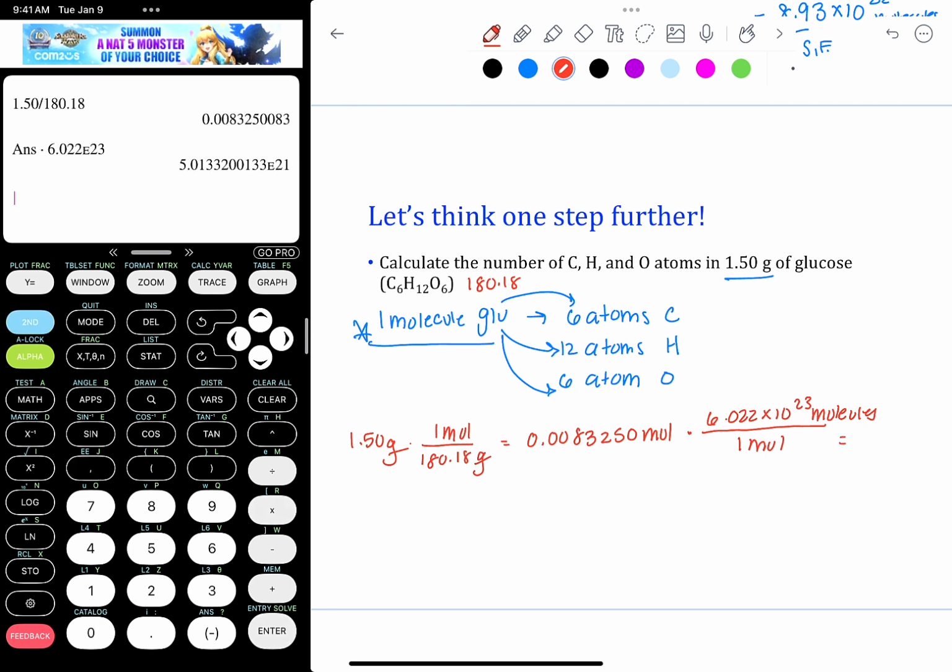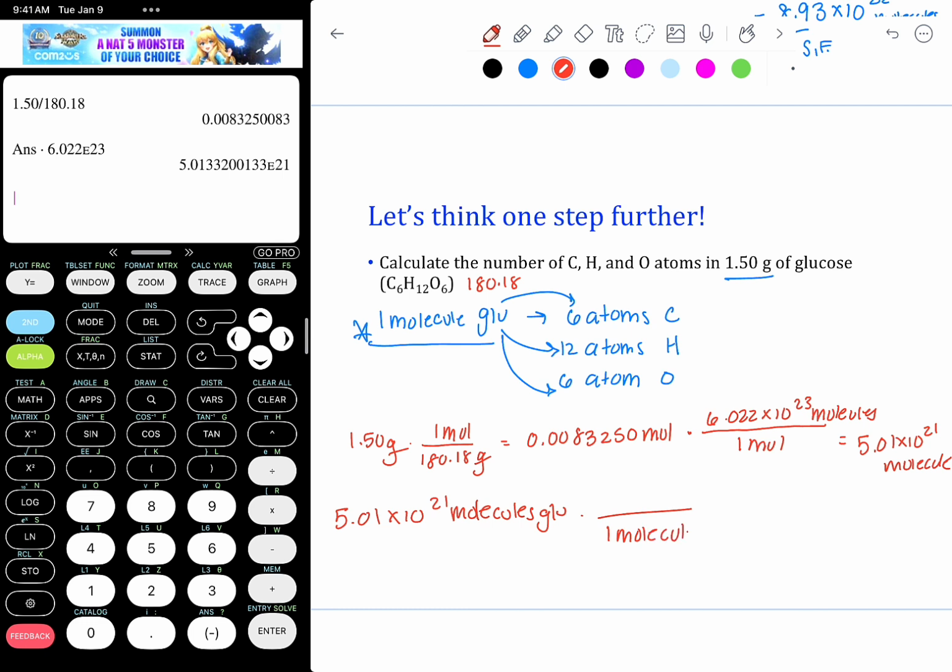And we get that in 1.5 grams of glucose there are 5.01 times 10 to the 21 molecules. If I have 1 molecule of glucose, I know that in 1 molecule there are 6 atoms of carbon.